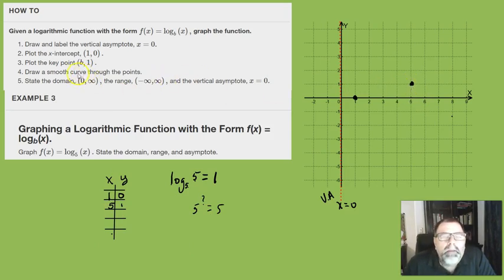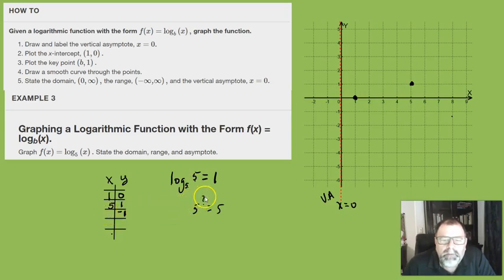And then you're going to draw a smooth curve through the points. I like to do a -1, too. So I like to do 0, 1, -1. And then this is 1/5.